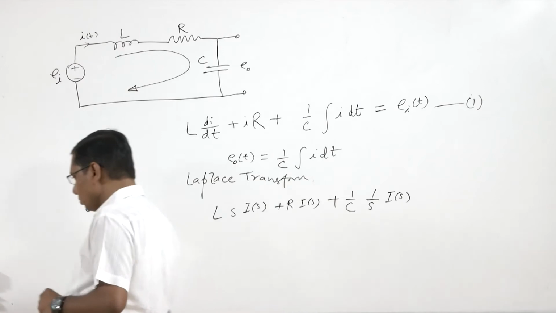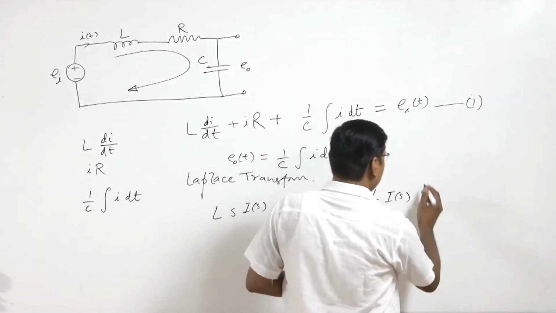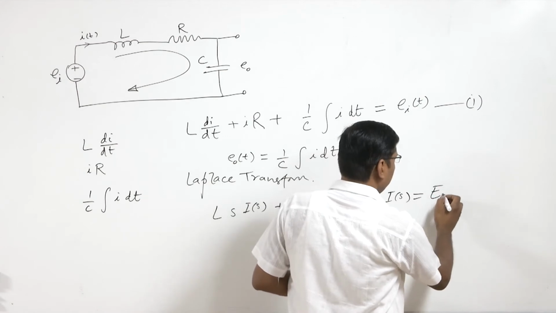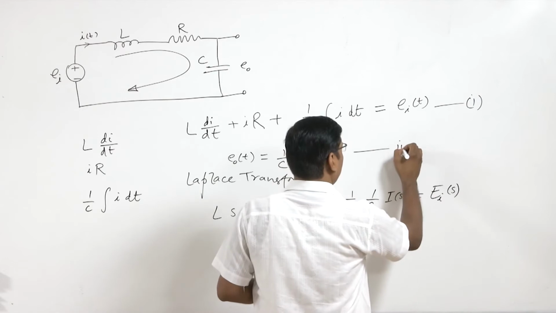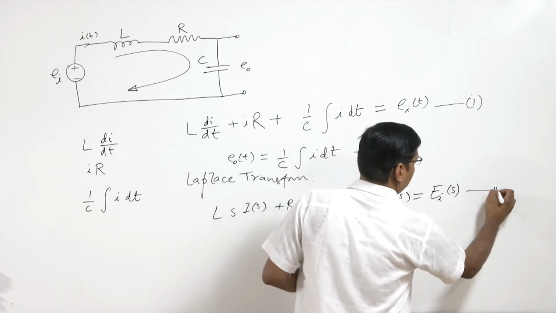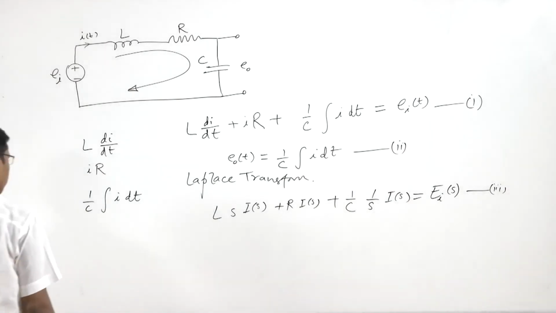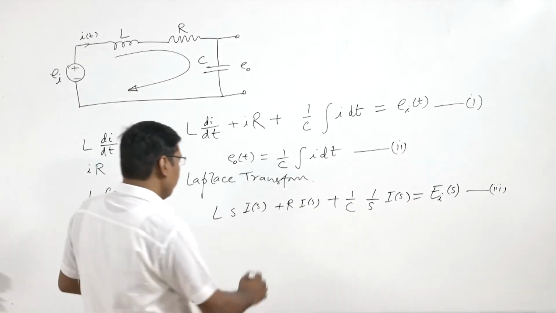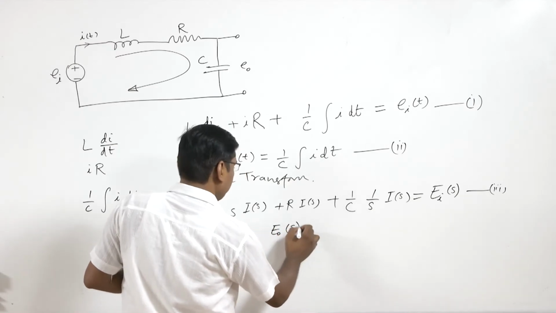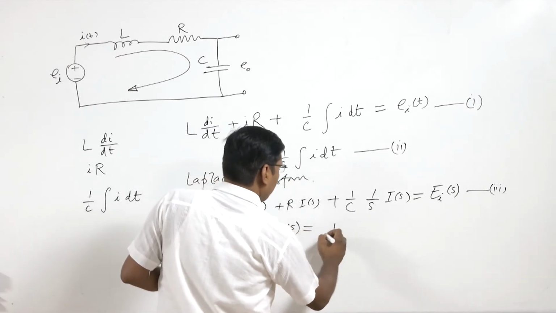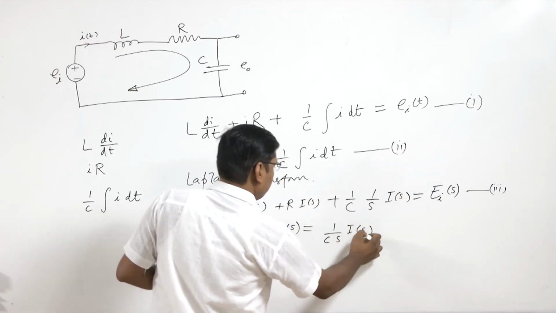That will be equal to Ei(s). For equation 2 we can write Eo(s) equals 1 by Cs I(s).